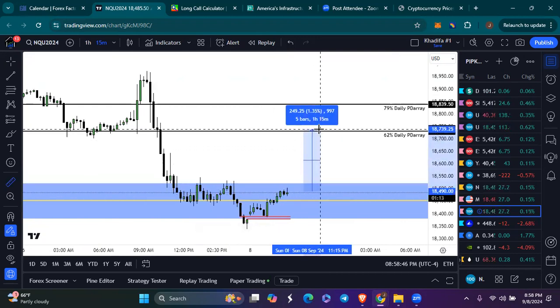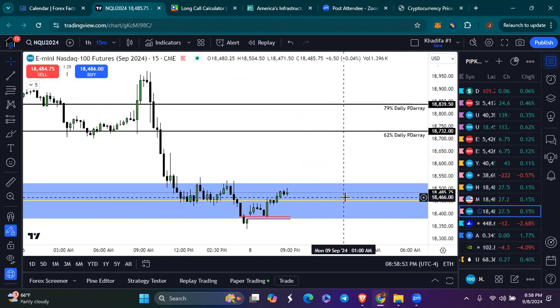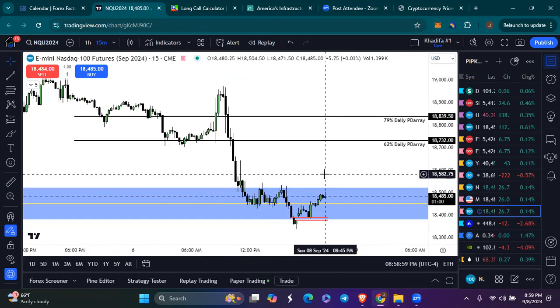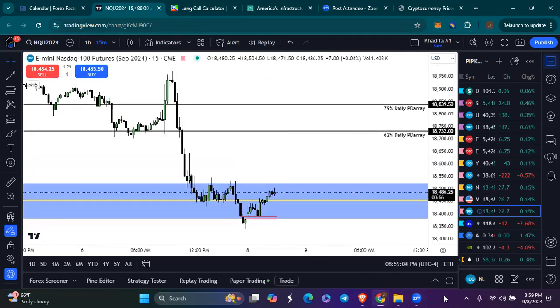And from current price, that's at least 240 to 350 handles or points. So yeah, let's make it happen, Captain. And I'll see you out there in these market streets.